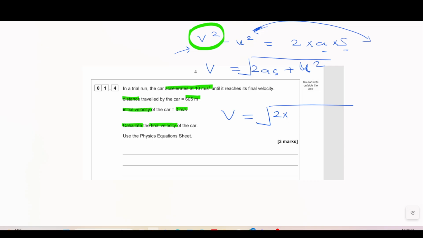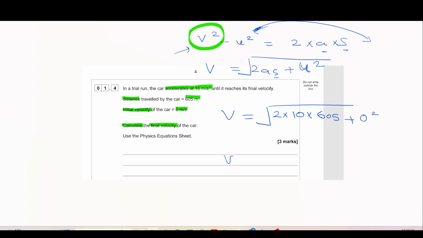2 times acceleration, which is 10, so 20. Yes. And s is distance. What is distance here? Distance is 605 meters. Plus initial velocity squared. What is initial velocity? 0.